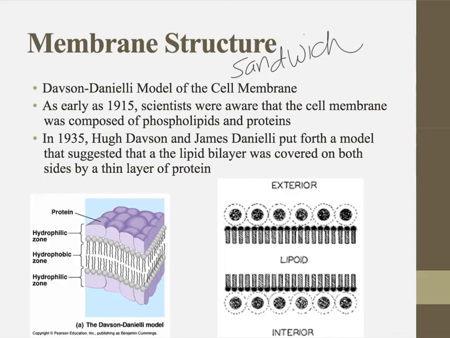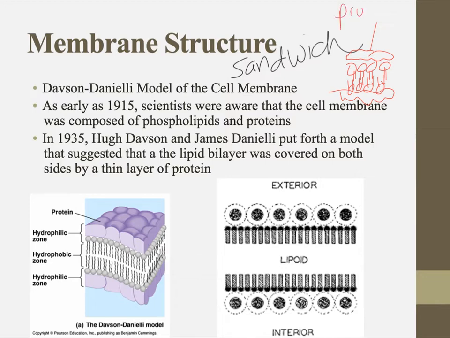So if you had to draw this, which, gee, I think you do, I would draw a couple layers of phospholipids. And I hope yours is better than mine. And then a layer of proteins like this. And then probably I would label them.